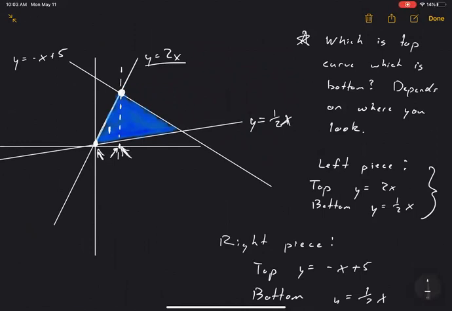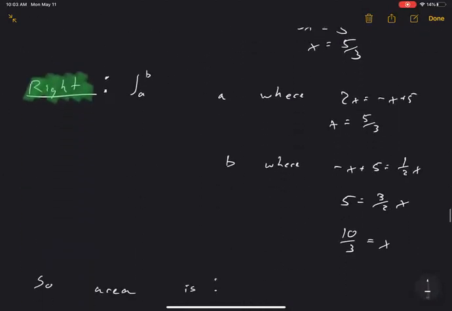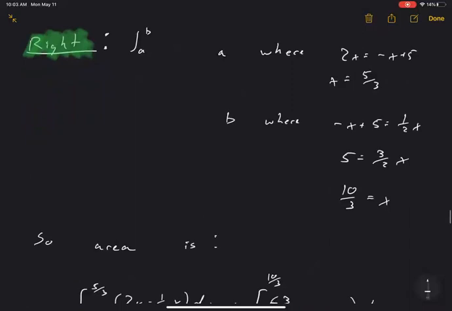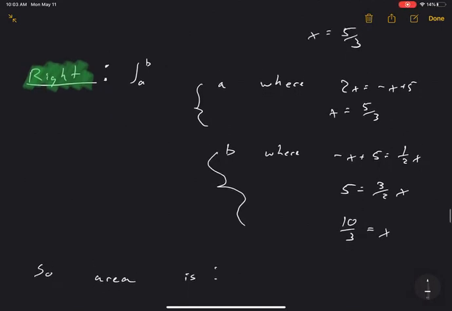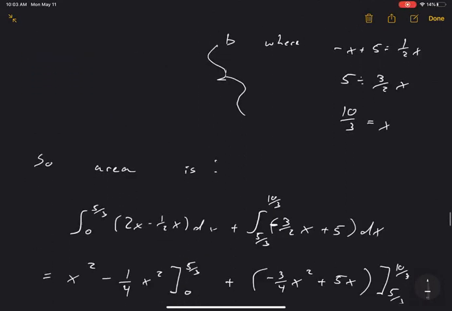And then it's going to go to whatever point this is, okay? So it's starting at that same x equals 5/3, and then we need to find that other endpoint, b. That's going to be the point where the line negative x plus 5 intersects the line 1/2 x. So I set those two curves equal to each other and solve for x to get x equals 10/3.